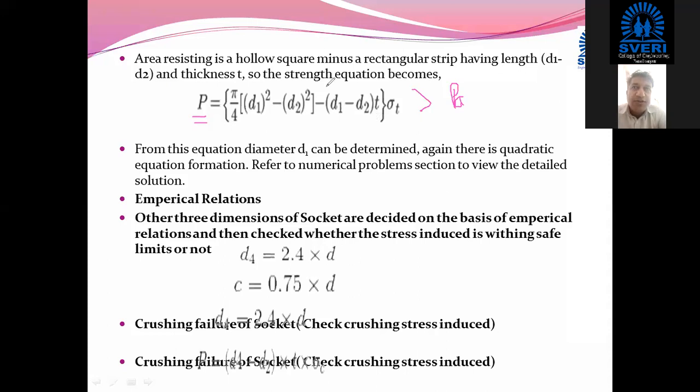Then D4, that we can take from the empirical formulae, and later on we can check it. This D4 value is 2.4 times D, and the C value is 0.75 times D, which we are going to consider from the empirical formula.